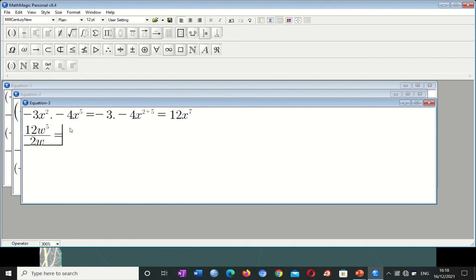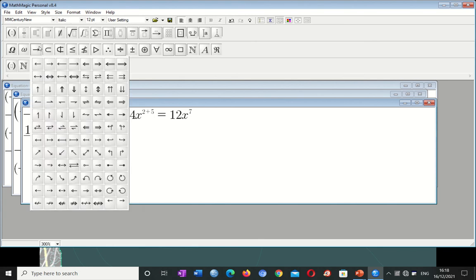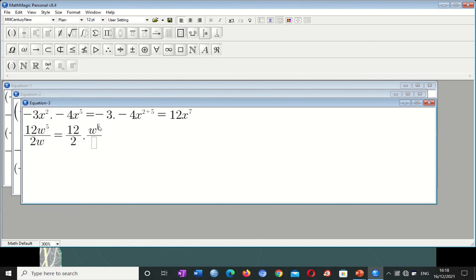Okay. What does this mean? 12 multiplied by w to the power 5, divided by 2 multiplied by w. So I have two things here. The first thing is that I have to divide 12 by 2. The second thing is that I have to do this operation with the w's. The first one is w to the power 5, and that's the w. 12 over 2 is 6.